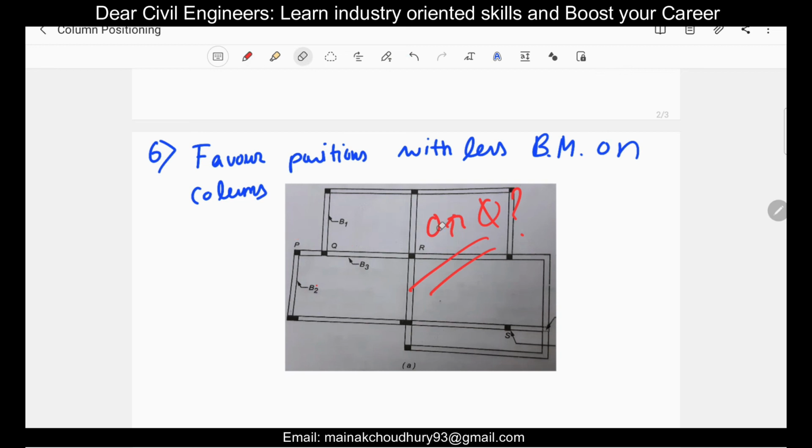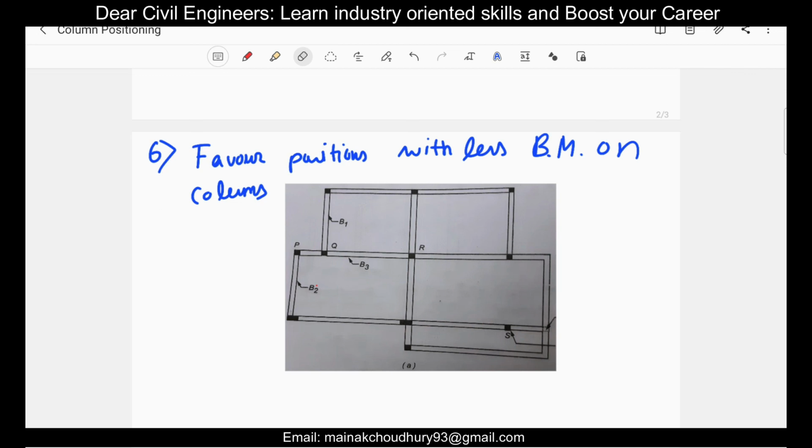So suppose you consider these two situations, and you will consider which one will have the minimum bending moment or balancing bending moment. If a particular location has less bending moment or less balancing bending moment, then there will be less size, it will be more economical.